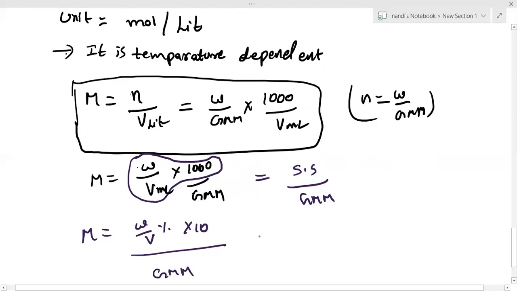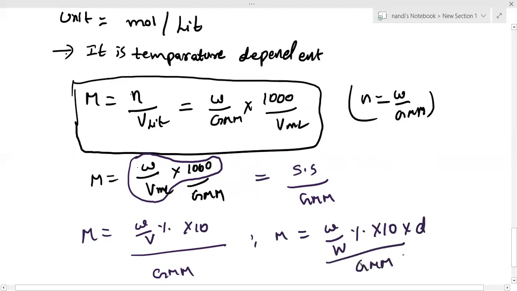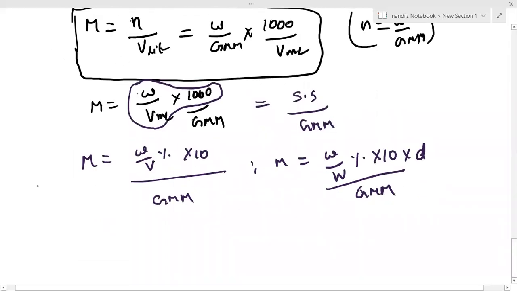This is the molarity. I can also write molarity in terms of W by W percent: W by W percent into 10 into density by gram molecular mass. All these are different forms of molarity.